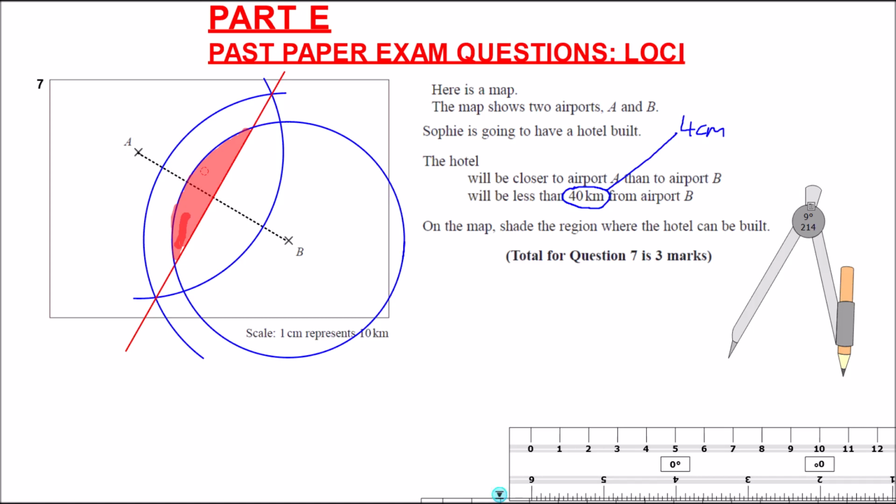Constructions and loci, I don't think are the biggest thing to worry about. So if your tutor hasn't gone into too much depth in lessons on these sorts of questions, this is what this video is for. It's to supplement the learning you may have had or may not have had in your lesson time. So I hope at least some of that's been useful for you.